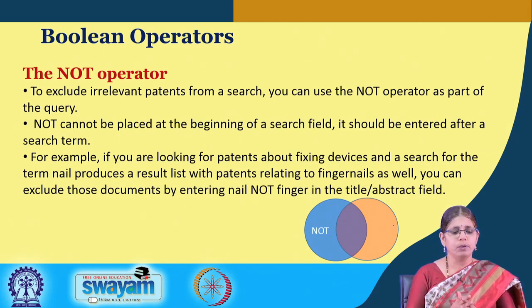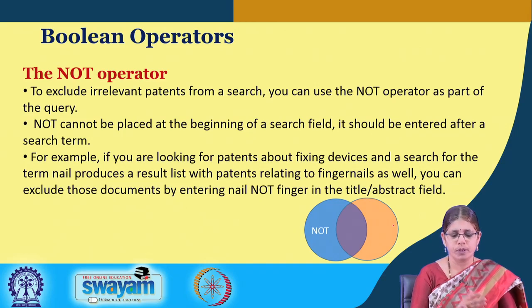So therefore, you would use the not operator. For instance, if you are looking for patents about fixing devices and you do not want to look at fingernails, because the nails would pick up as one of the tools.